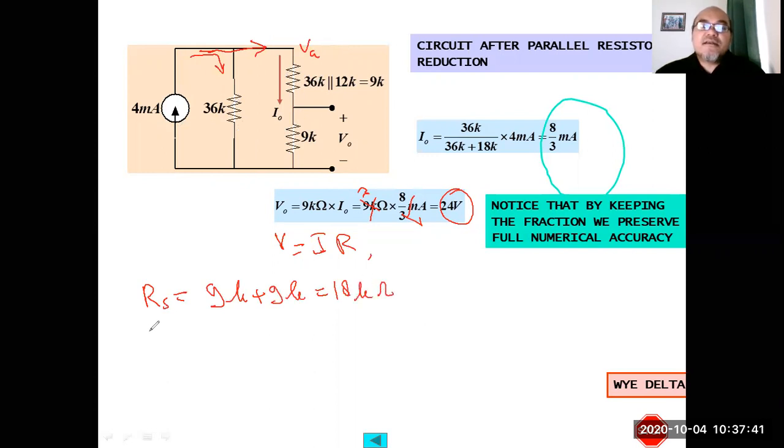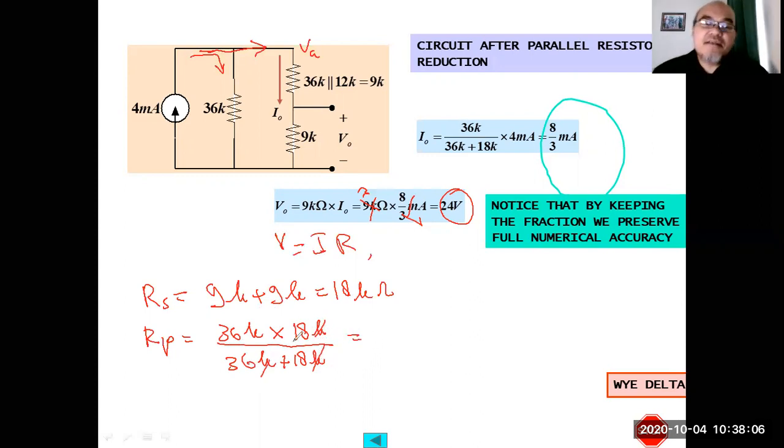Then the equivalent resistor of all, yeah, 36K in parallel with 18 kilo ohm will be equals to 36K multiplied to 18 kilo ohm divided by 36K plus 18 kilo ohm. Okay, this equals to, this is from the parallel formula. Yeah, the kilo is still here. This is 36K.